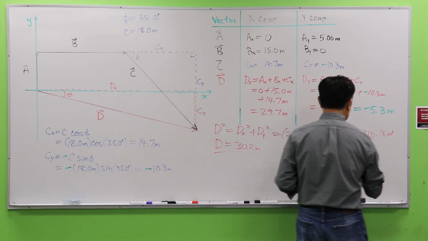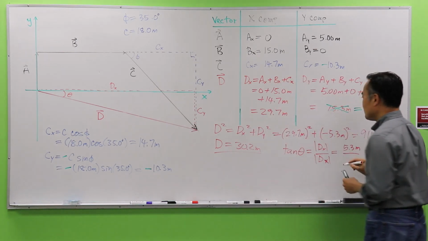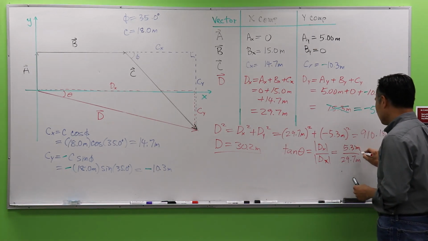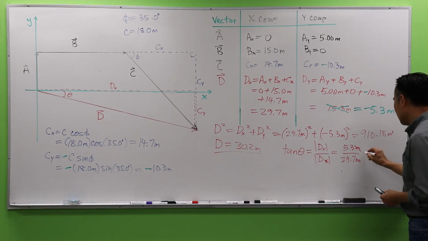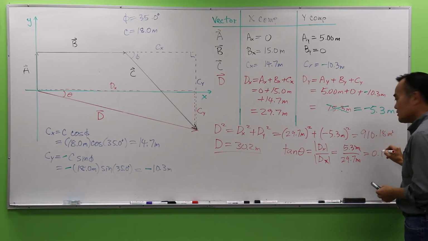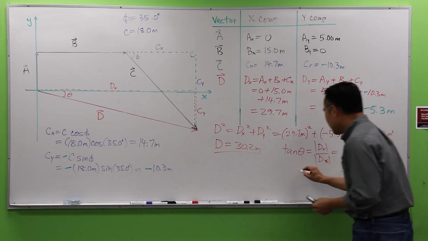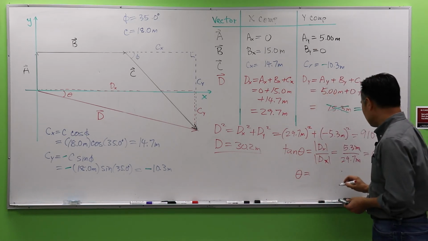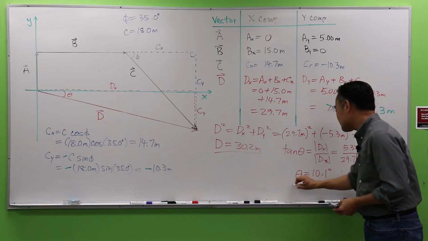So this is going to be 5.3 meters over 29.7 meters. Meters cancel. And we have a number, it's a pretty small number, 0.178. Okay. And the angle that gives you tangent of 0.178 is 10.1 degrees.